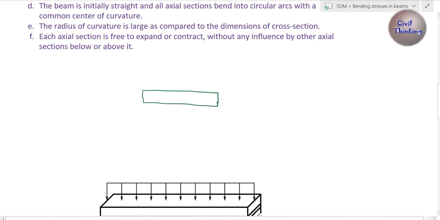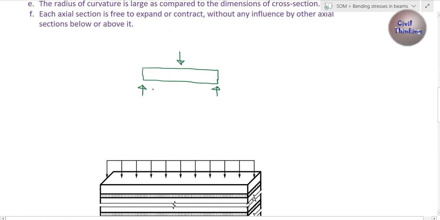This is a simply supported beam, for example, and you are applying a load here. Now what is going to happen to this beam? It will bend, right? It will bend something like this.